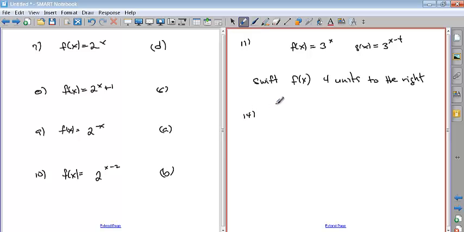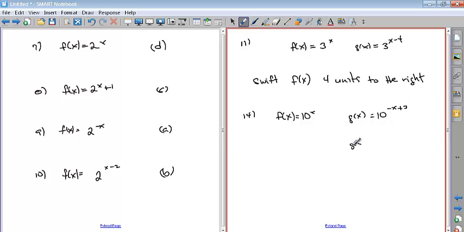Okay, 14. We have f of x equals 10 to the x, and g of x is 10 to the negative x plus 3.